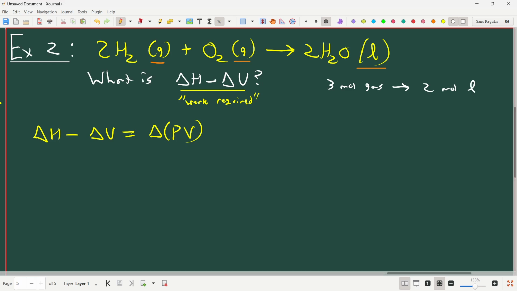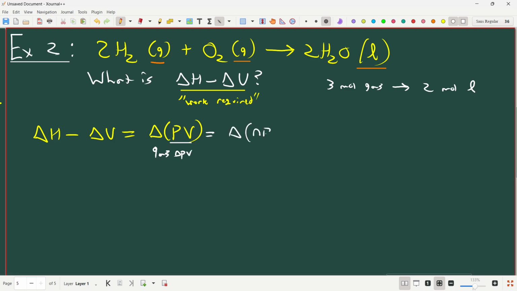Let's think about how the PV changes from the point of view of the gas as it condenses. So this is in terms of the gas, delta PV, and we could write this as delta nRT instead. We can assume ideality, so let's assume an ideal gas. How does nRT change as this process happens?